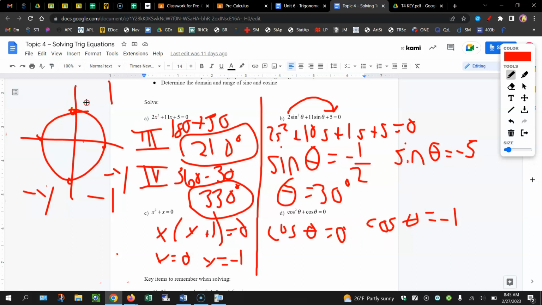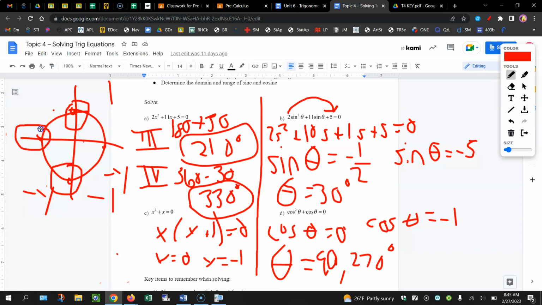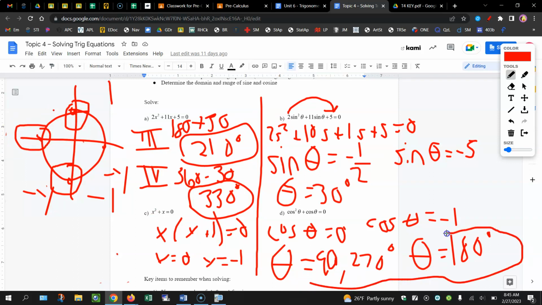So the x coordinate is 0 at 90 degrees and 270 degrees. So for this one, theta equals 90 degrees and 270 degrees. And for -1, cosine is x, that happens at theta equals 180 degrees. So we're going to have 3 solutions for this one.